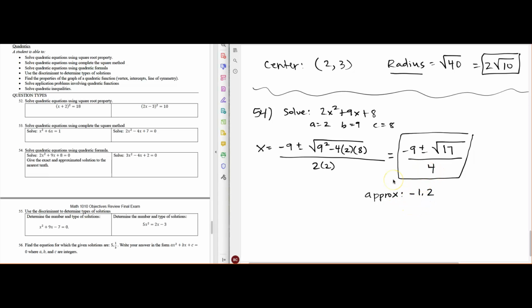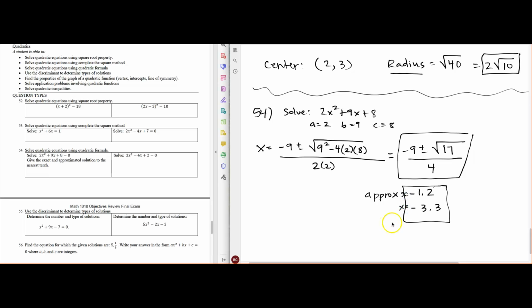And then if I go the other way, negative 9 minus the square root of 17, and divide that by 4, that's going to give me negative about 3.3. Okay, so those would be my approximated answers.